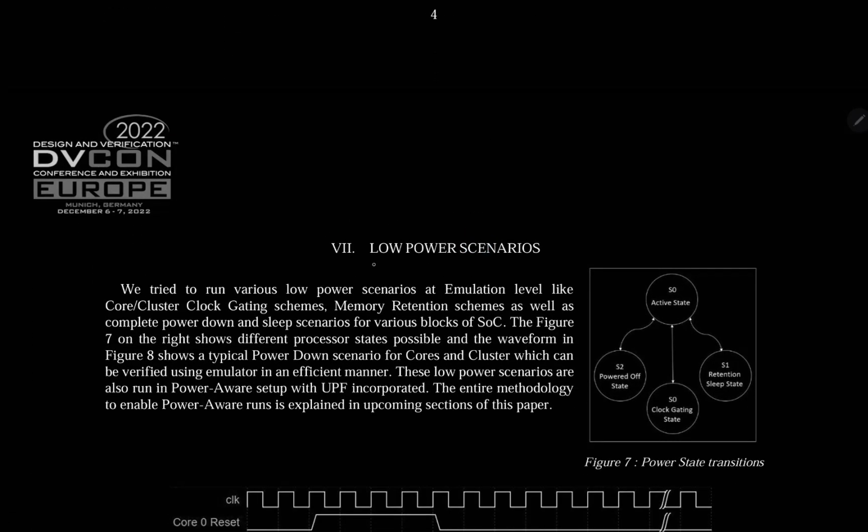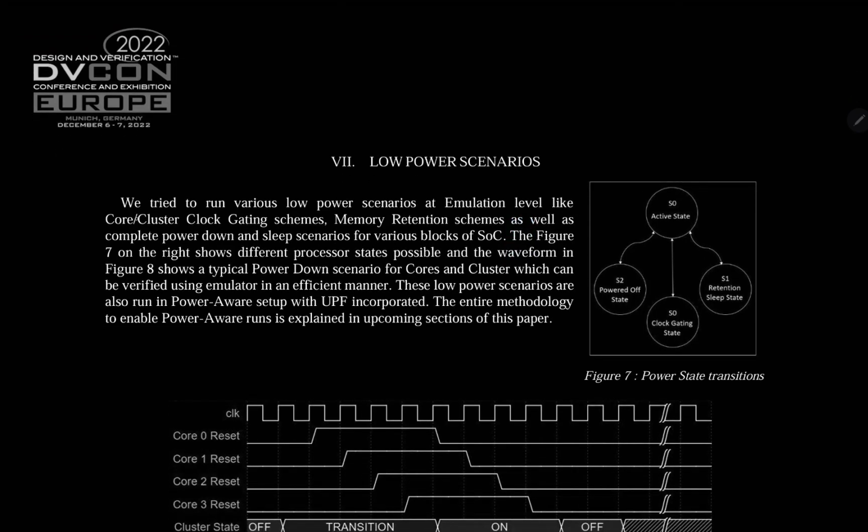Chapter 7, low power scenarios. We tried to run various low power scenarios at emulation level like core and cluster clock gating schemes, memory retention schemes, as well as complete power down and sleep scenarios for various blocks of SoC. The Figure 7 on the right shows different processor states possible, and the waveform in Figure 8 shows a typical power down scenario for cores and cluster which can be verified using emulator in an efficient manner.